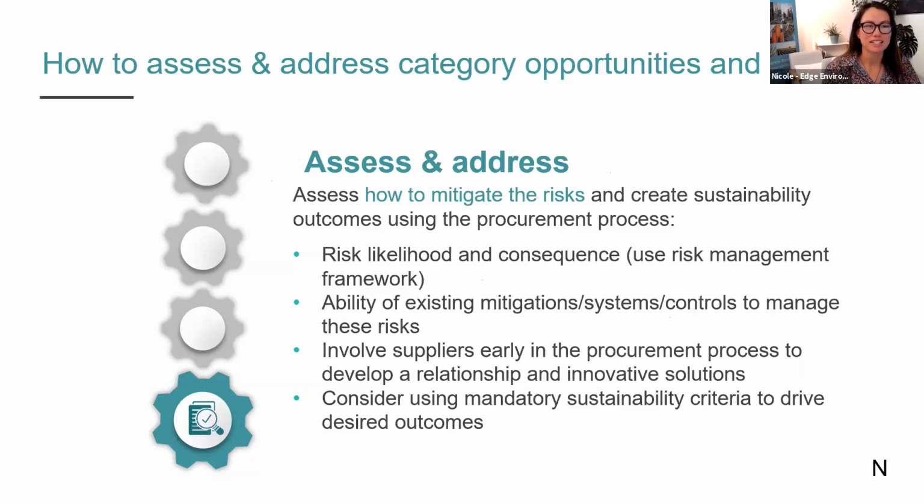So you've got your priorities, and now we want to think about how we are going to use procurement to address these risks or opportunities. We've touched on a lot of this throughout already. Involve suppliers early in the procurement process, let them know in advance what your sustainability priorities are, and consider using mandatory sustainability criteria to get the outcomes that you want.